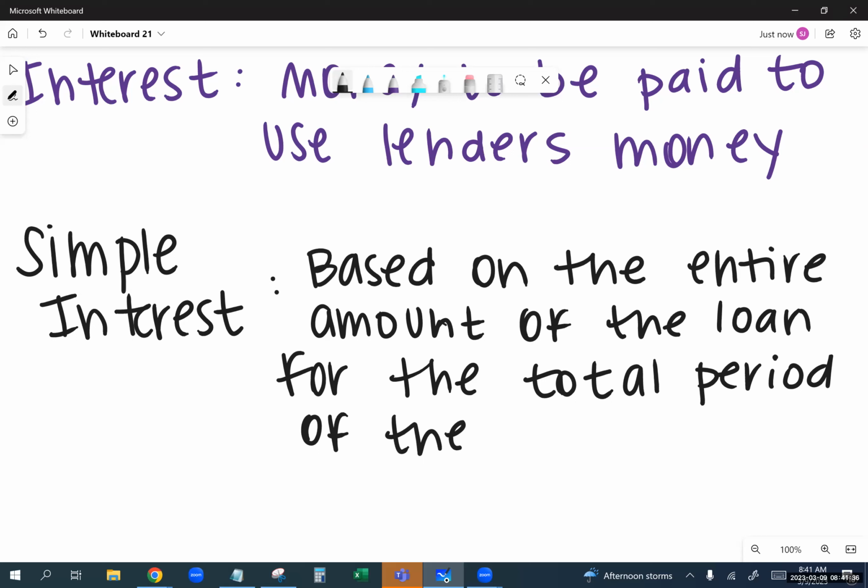It's based off of how much you borrow and how long you borrow it, basically.